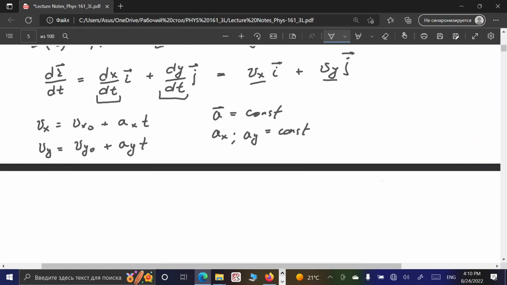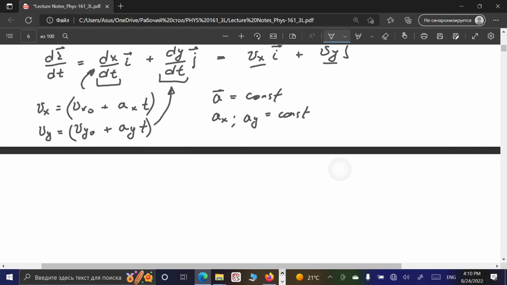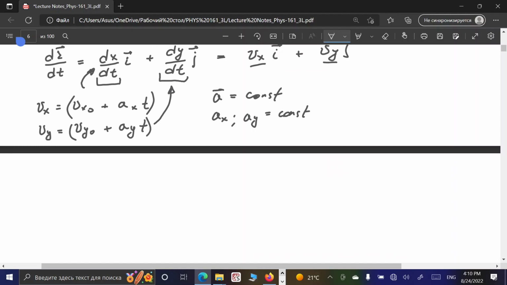So now let us substitute these expressions here in order to get the general equation for the velocity vector.